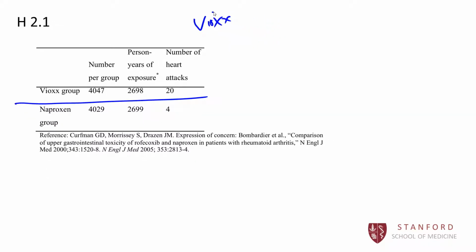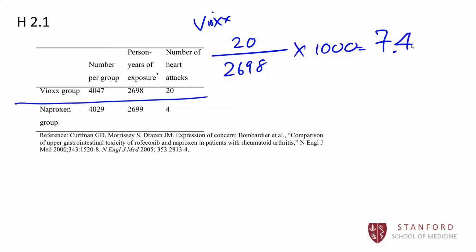So to calculate the incidence rates, or the number of heart attacks per 1,000 person years, we're going to do 20 over 2698 times 1,000. Okay, and so that's going to be 7.4 heart attacks per 1,000 person years.